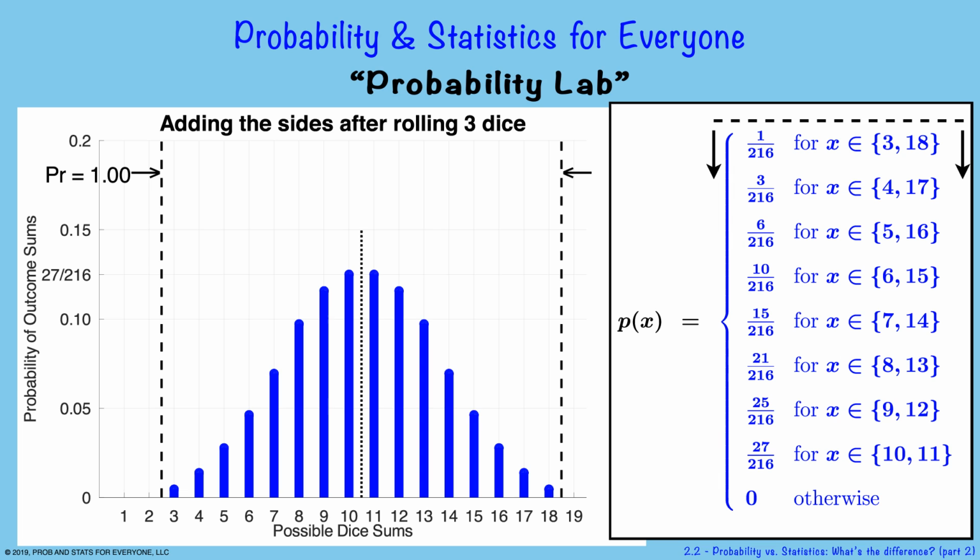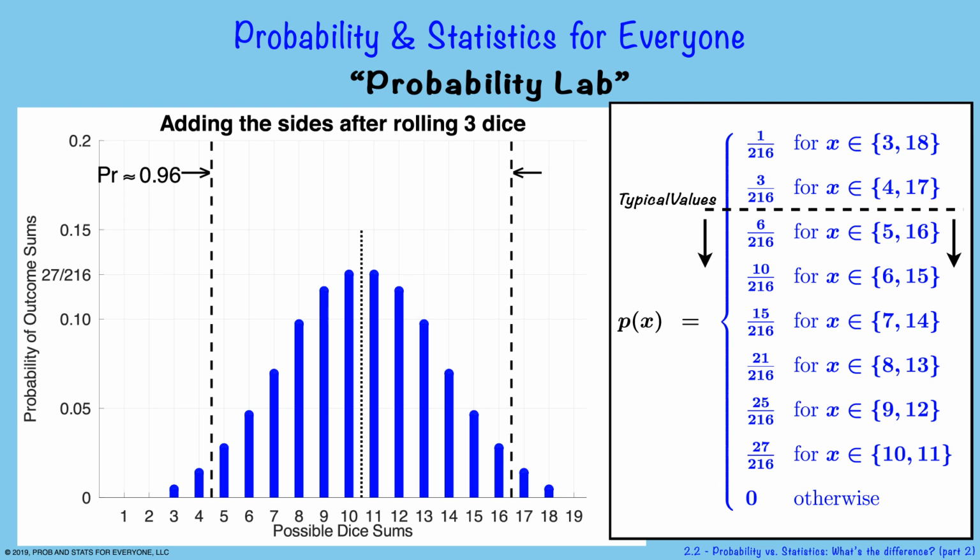Well, it depends on why we're asking. That is, it depends on the application. For now, we'll select those roll outcomes that are near enough to the center so that the probability of the included outcomes adds up to around 95%. For this model, that means including the rolls 5 through 16 and excluding the rolls 3, 4, 17, and 18.